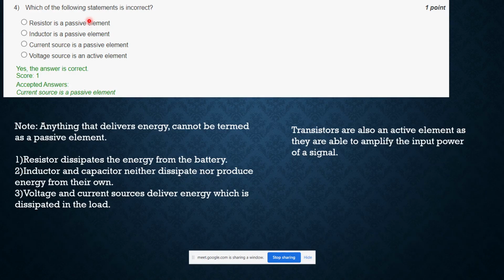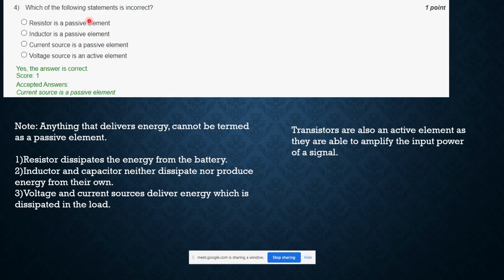For example, a resistor dissipates energy, whereas components like L and C do not dissipate energy, but they do not generate energy either. An active element should be able to produce some kind of energy. If you consider the voltage source, because of the chemical reactions in the battery, you are able to give energy, and that energy is dissipated in a particular load. That's why voltage sources and current sources are active elements.